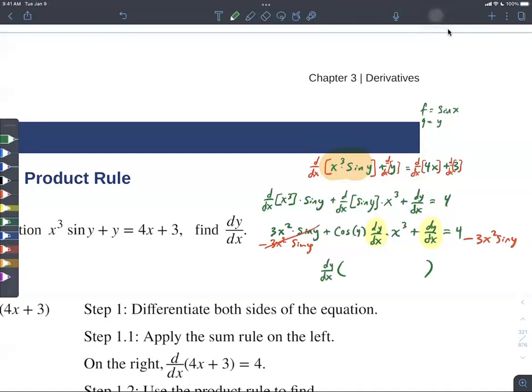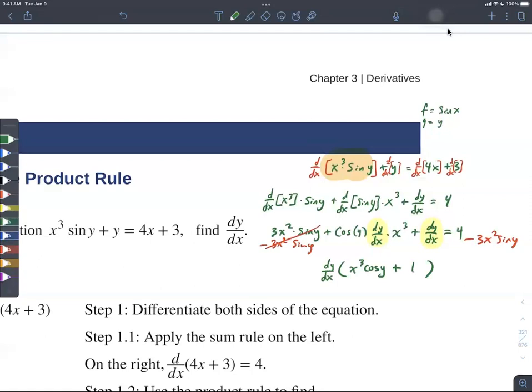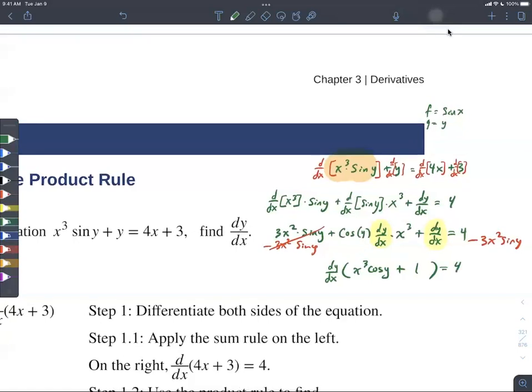And we would be left with, I'm going to do a little bit of rearranging here, x cubed times the cosine of y plus, and then we factor out dy/dx, that leaves us just with a factor of 1. Now you can do your own distribution here to double check that that's the same as the previous expression, and it is. And on the other side, we have 4 minus 3x squared sine y.